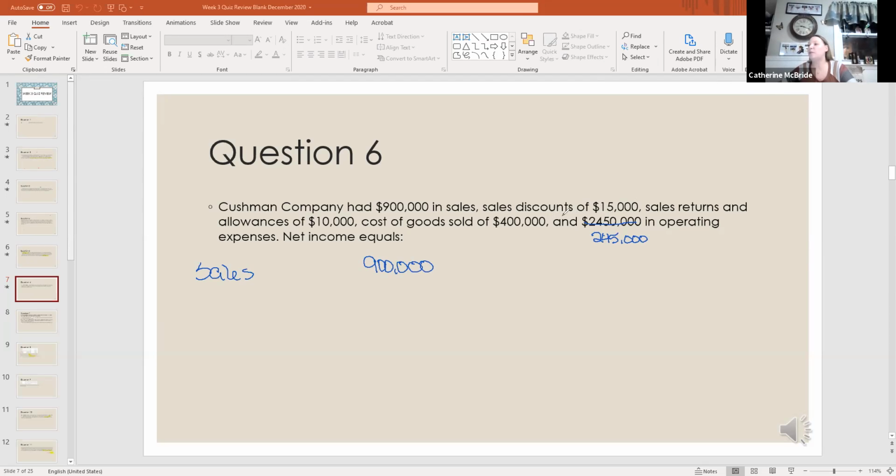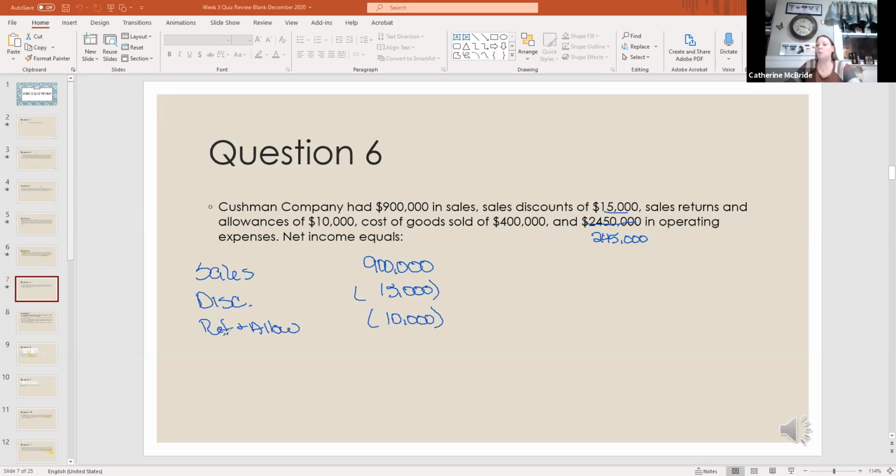Sales discounts of 15,000, we're going to subtract from the sales. Sales returns and allowances, we're going to subtract those. In a real income statement, you would see either sales less sales returns and allowances and sales discounts, or you might see net sales. When it says net sales, this is why: it's taking into account these adjustments.